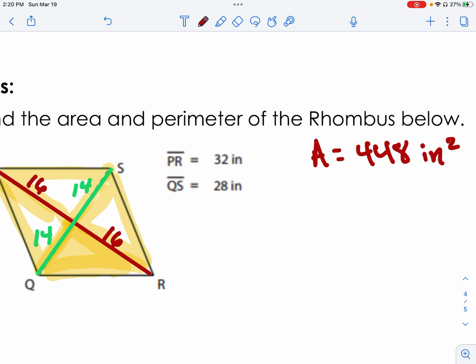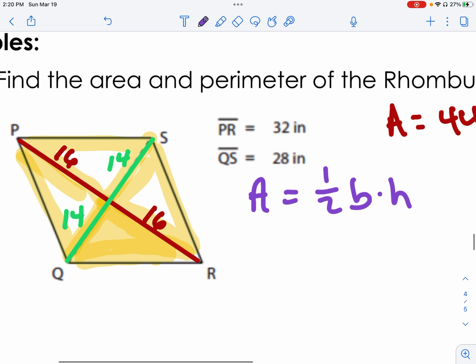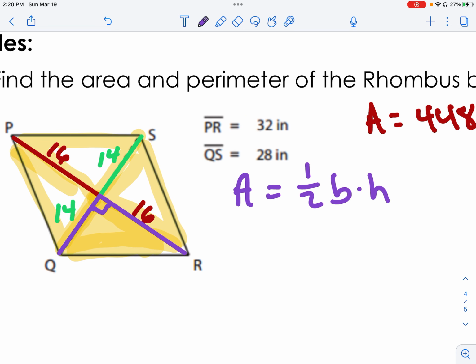So area for a triangle, remember, 1/2 base times height. Well, if I change this to purple, here's my base of the triangle. Here's my height of the triangle. There's our 90-degree angle. And if I do 1/2 of that, I will find the area of just this purple triangle. So 1/2 times 14 times 16.